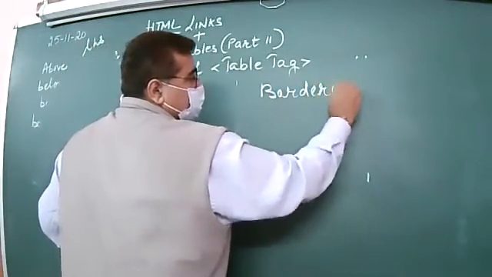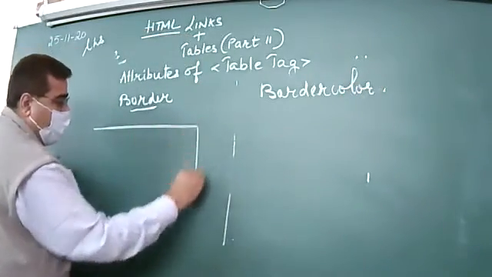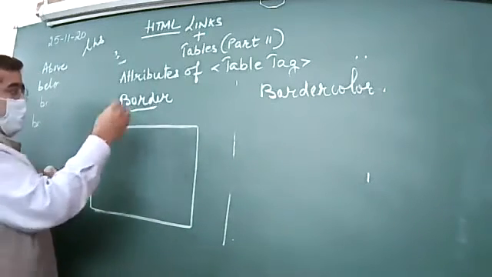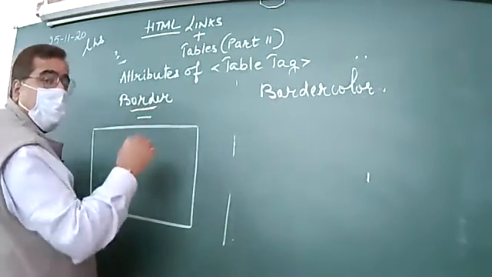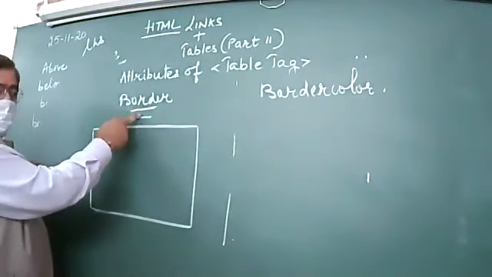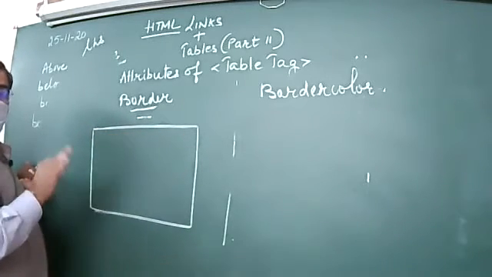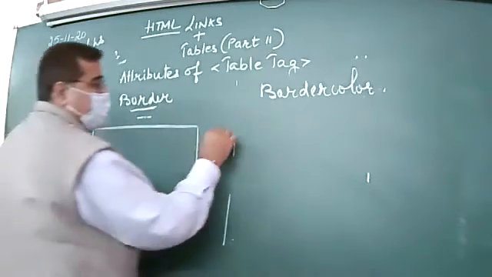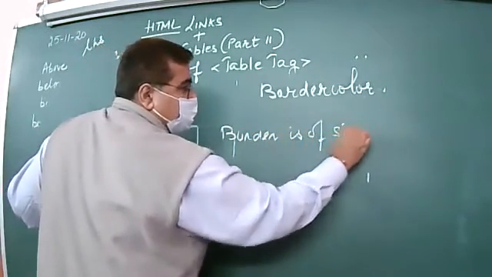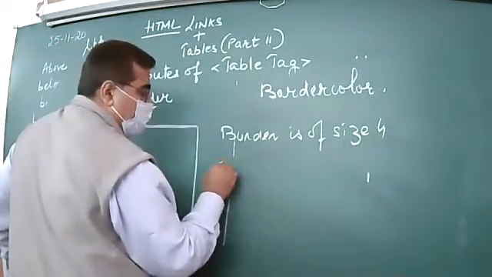Border means to provide the border around the table. The more you increase the value of the border attribute, the more will be the thickness of the border. Many times in the instruction, this line is written, border is of size 4. And what mistakes you all are committing?